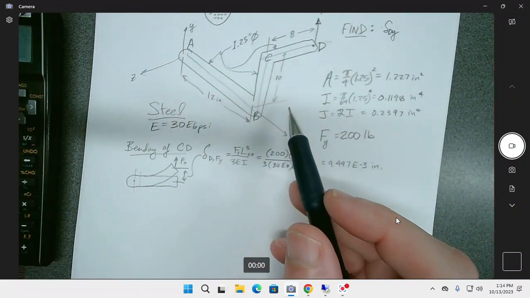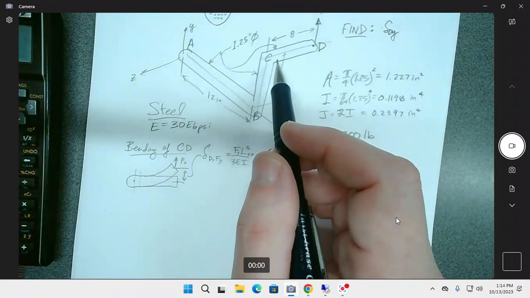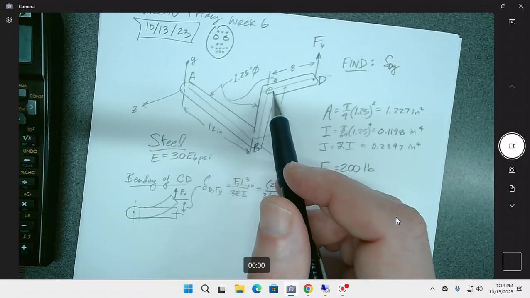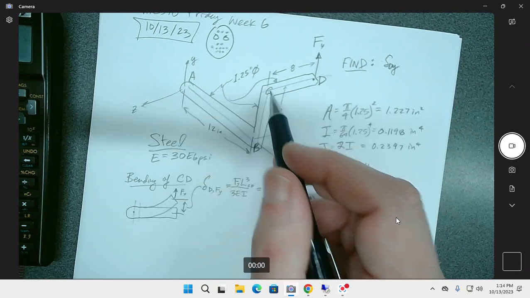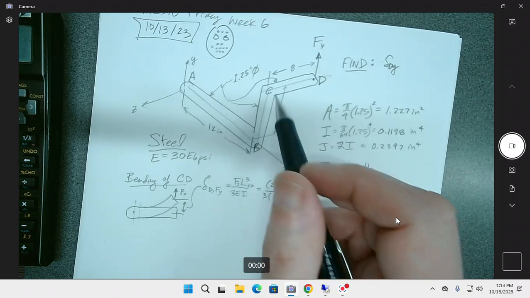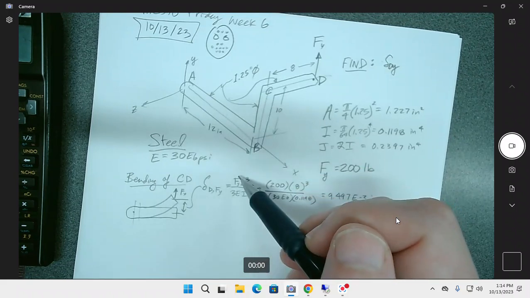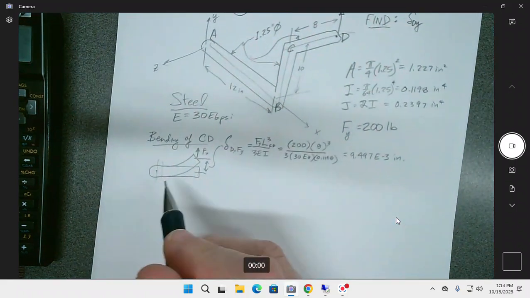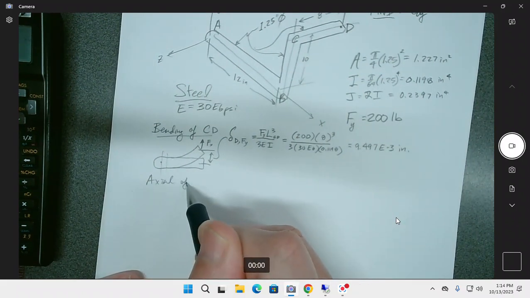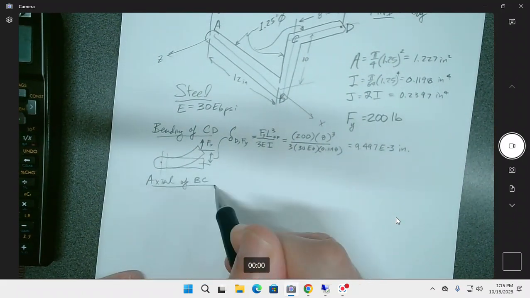All right, so next victim. I'm going to go BC, and that's going to have some axial deflection. Now, by the way, the axial is usually a lot smaller than all the other ones right here. So we're going to go axial of BC.